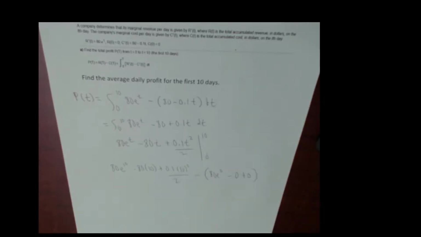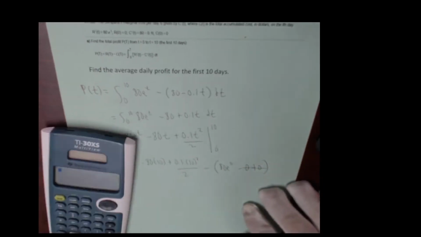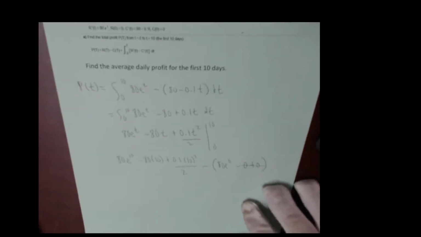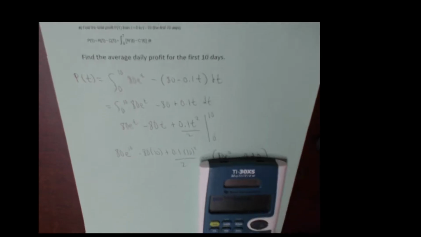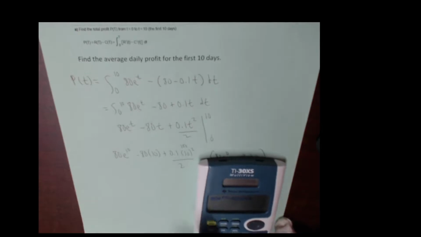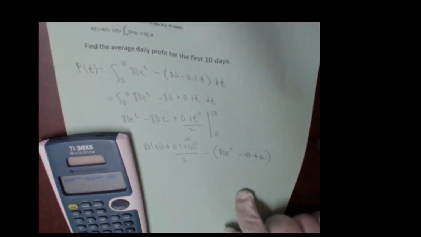Okay, and so now we just need to calculate that and we will be done. So let's see if we can do that. So that'll all go away. So that's going to be 80 e to the 10 minus 800 plus, let's see, that's going to be 10 times 10 is 100, times 0.1 is 10, divided by 2 is 5, minus 80, because e to the 0 is 1.